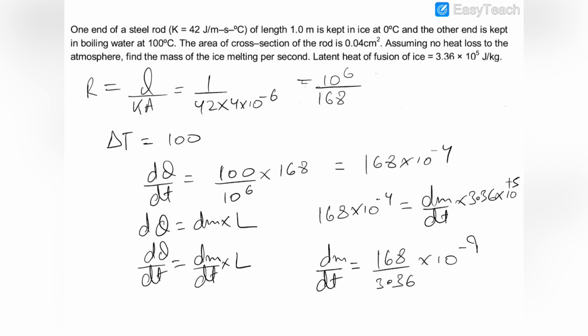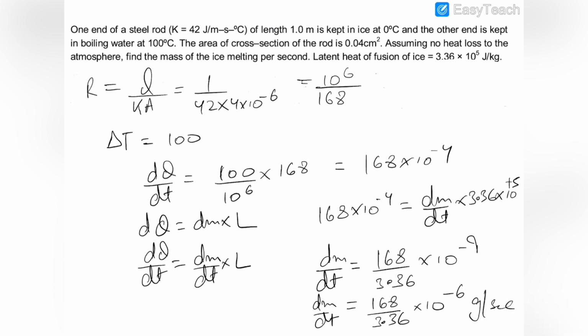So this is in kilogram per second. If we find out in gram per second, it would be 168 divided by 3.36 into 10 raised to power minus 6 gram per second.